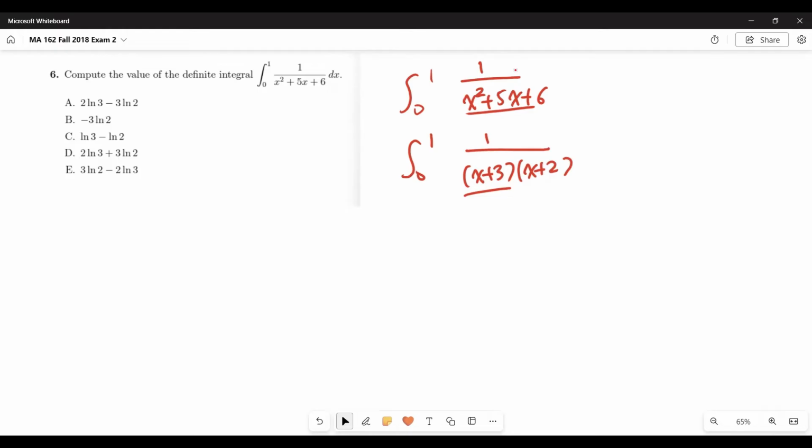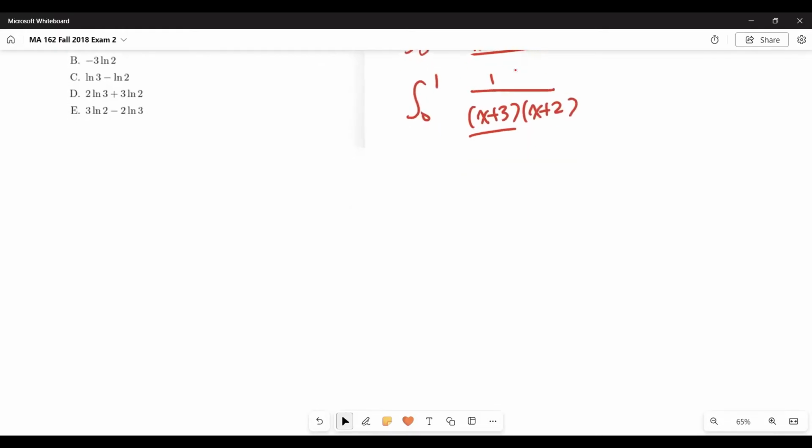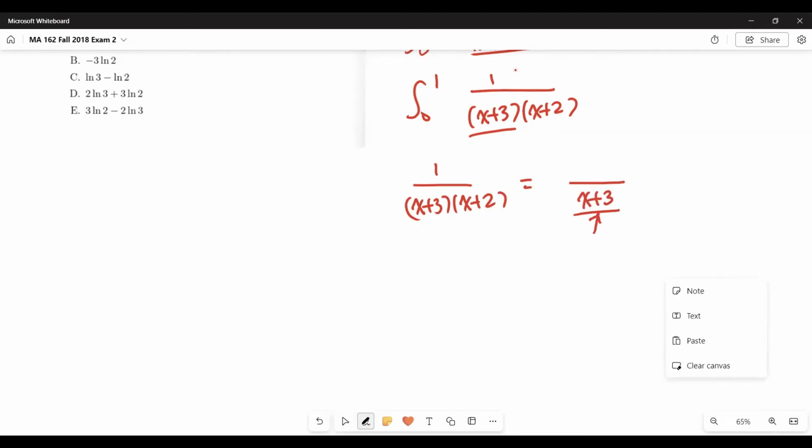And if you look at this form, what should you do? Partial fraction decomposition. So we are going to put 1 over (x plus 3)(x plus 2) equal to a term over x plus 3. It's linear in the denominator, so the numerator will be zeroth power, so it's going to be just some kind of constant.